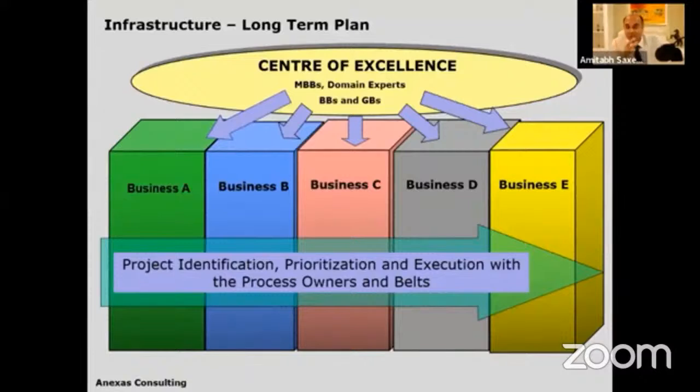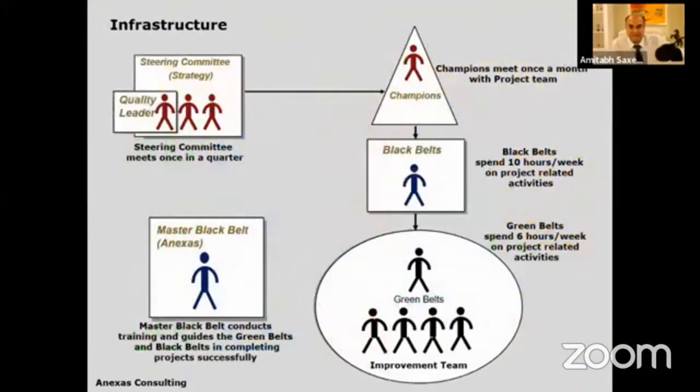So here, you select the improvement projects in different departments, and generally you create a steering committee for implementing Six Sigma, comprising senior managers. Then usually you do a champions training.